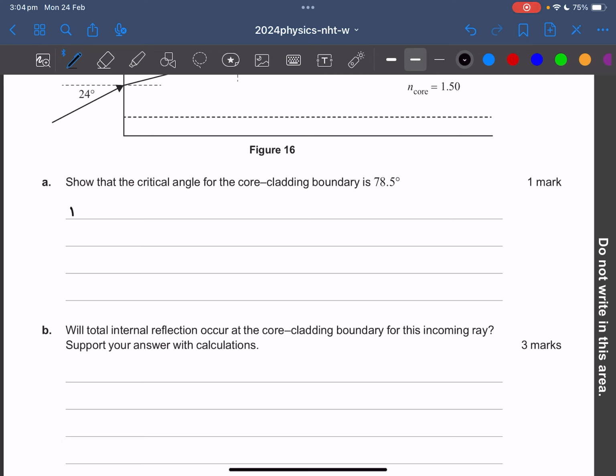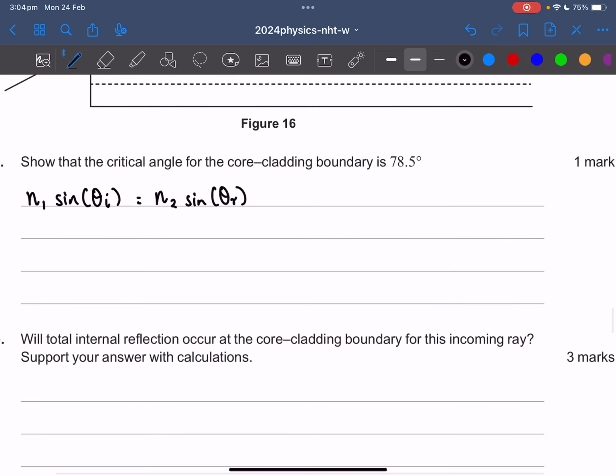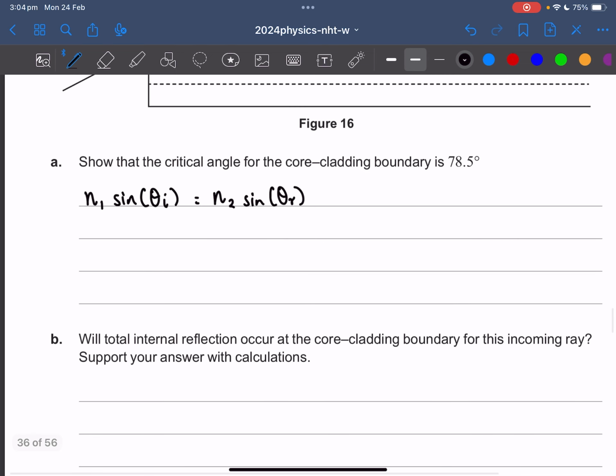So we have n1 sine theta i equals n2 sine theta r. Maybe I can just write 1 and 2. So the critical angle means the refractive angle has to be 90.